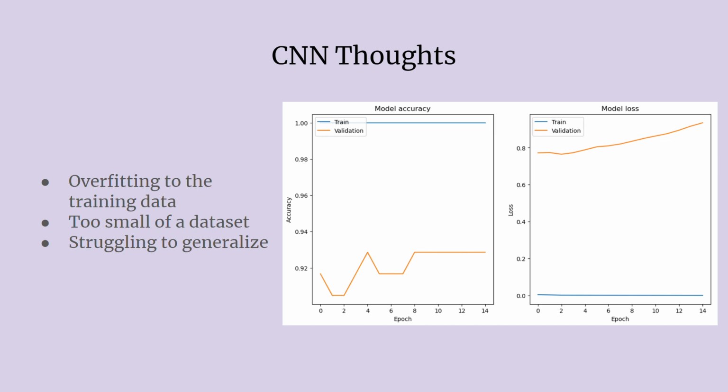This is unusual, to say the least, and my thoughts are that potentially the CNN model is overfitting to the training data. One reason why this could be is because this could be too small of a data set with the 277 files, and thus it is not great for computer vision tasks.